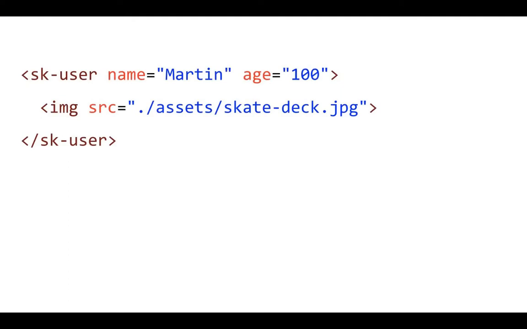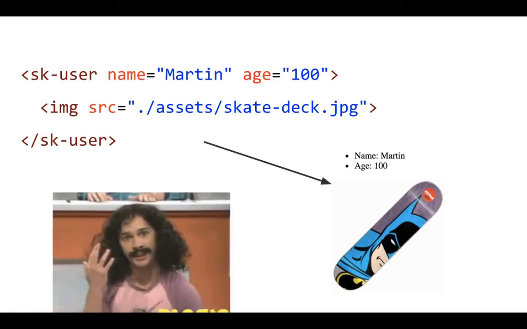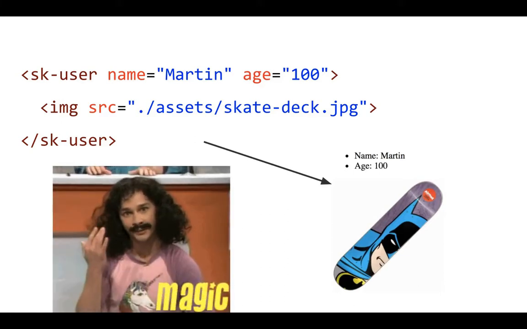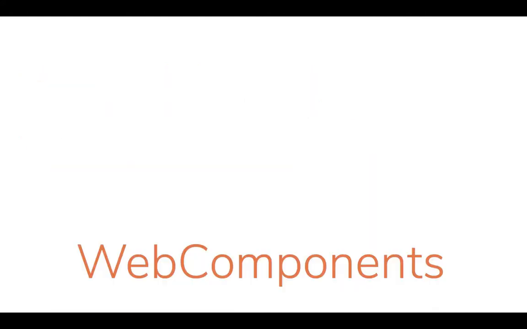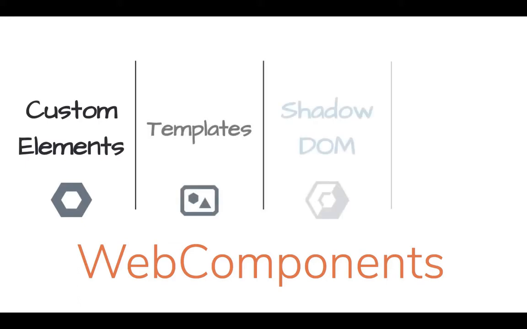This is some new HTML tag, and the browser renders something like this. And how is this even possible? Because it's magic. Obviously, it's not magic. We are software engineers. We don't believe in magic. All right. So web components are a part of 4 specifications in the browser. They consist of custom elements, templates, shadow DOM, and JavaScript modules.